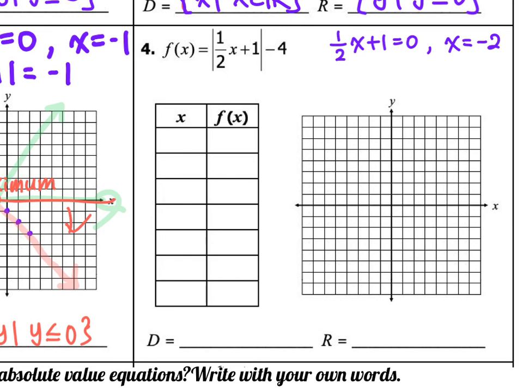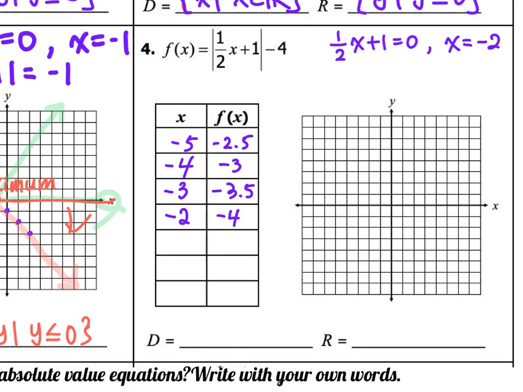So negative 2 is going in the middle. If you plug in negative 2, you will have a y value of negative 4. If you put negative 3, it will be negative 3.5.